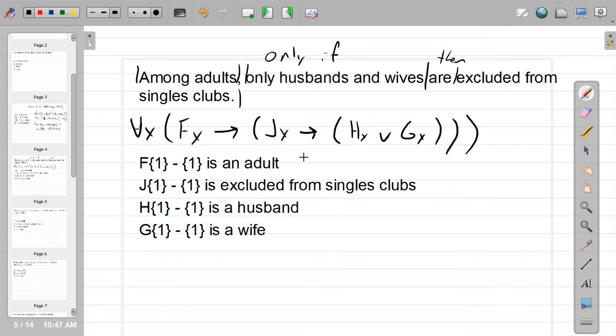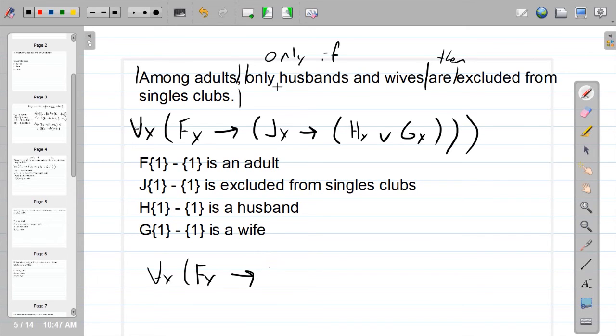For all x, if Fx, if you're an adult, then what would we say? For all x.